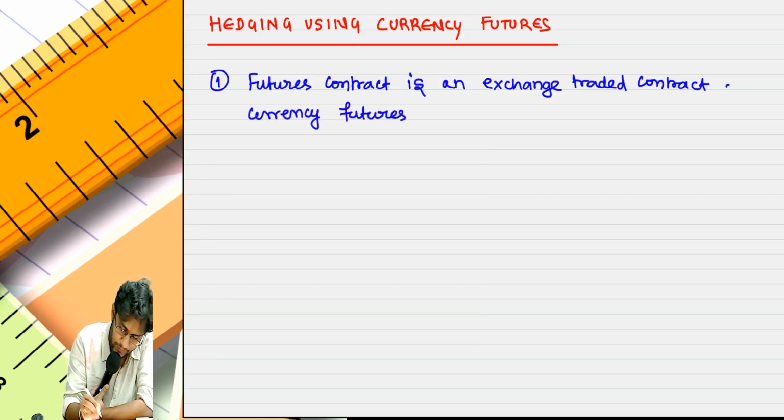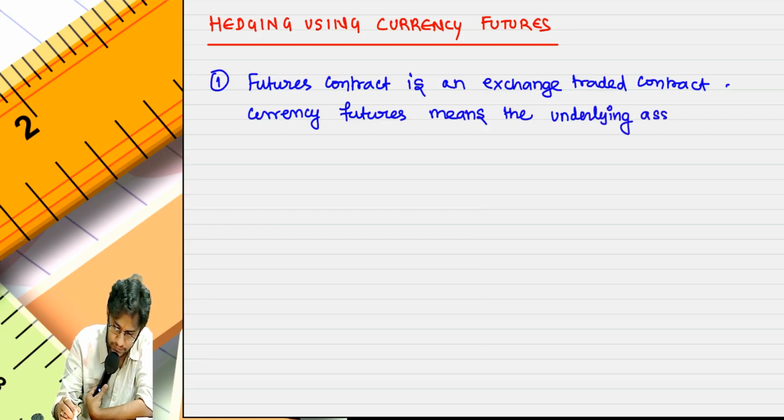Currency futures means the underlying asset in the futures contract is currency.